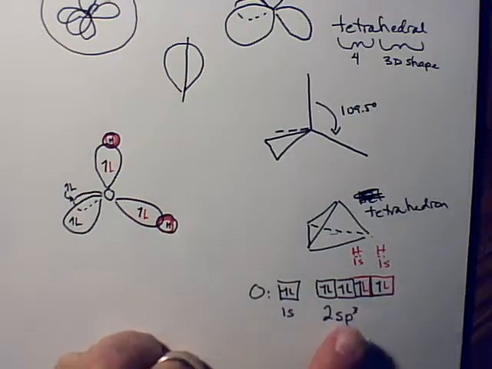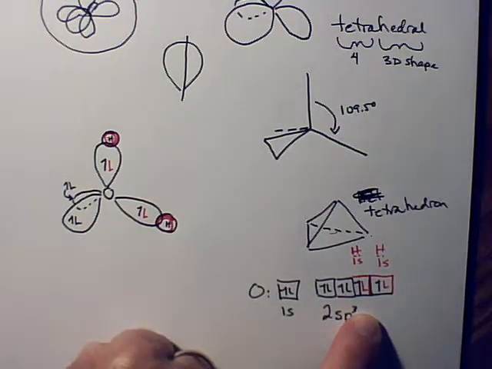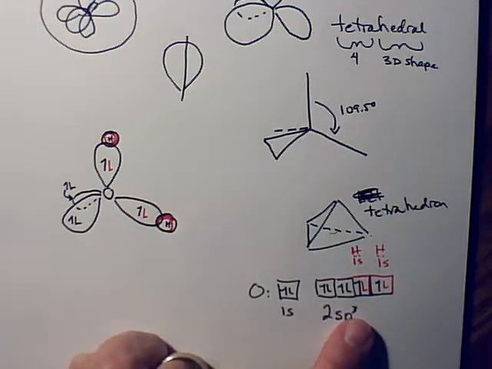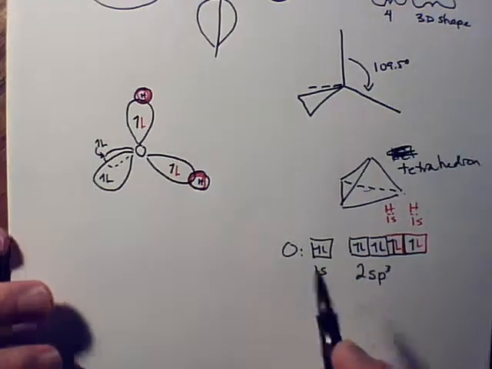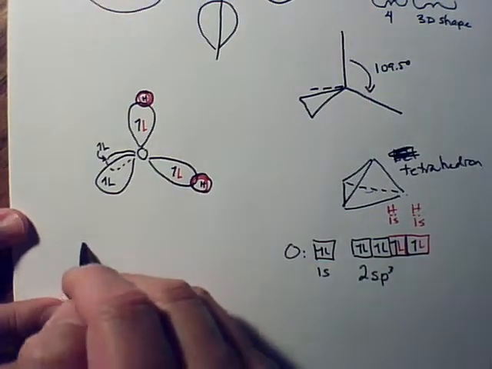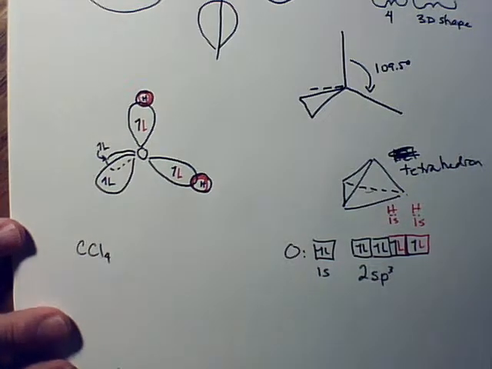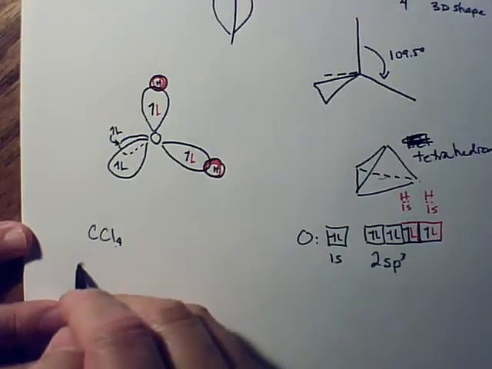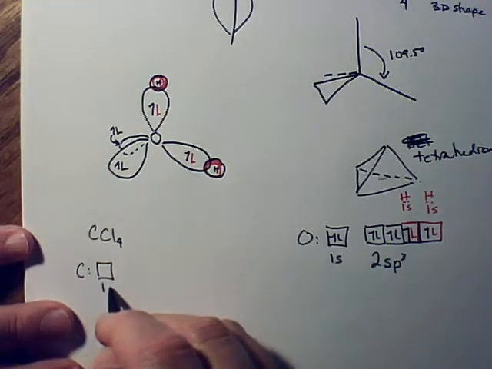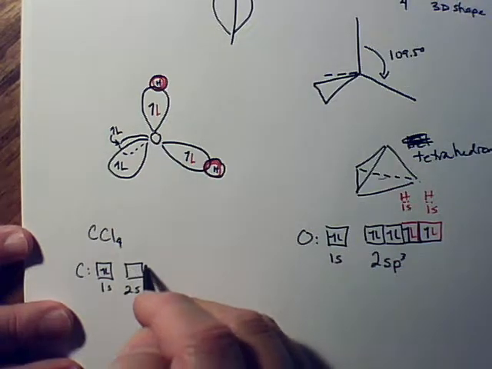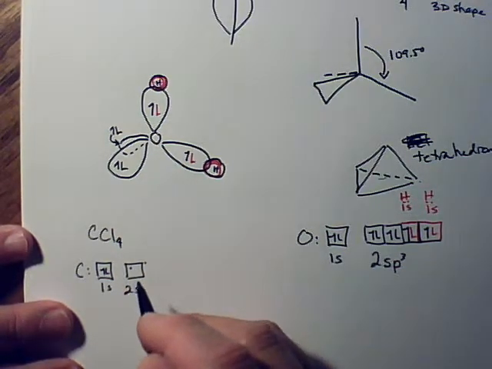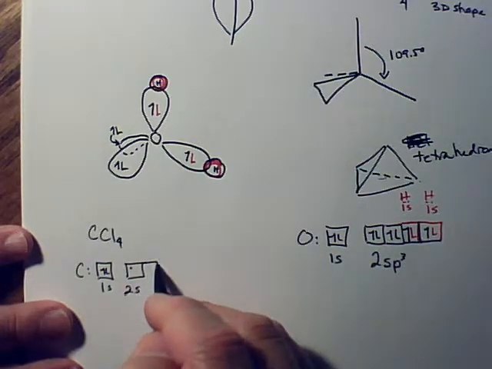Now, when I get to really complex molecules, this becomes so cumbersome as to be useless. Make sense? Imagine doing, I don't know, let's see. What if I did methane that way, where I've got 1 carbon and 4 hydrogens? After a while, or let's look at this. Suppose I did carbon tetrachloride. So here's carbon tetrachloride. All right, and a carbon atom has this orbital notation. Let me show the hybridization of carbon.